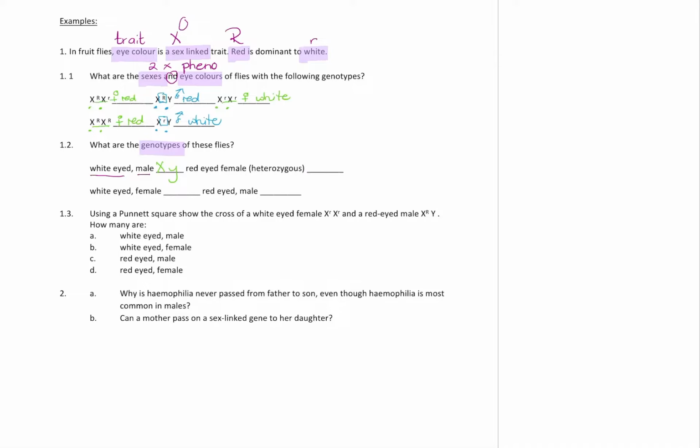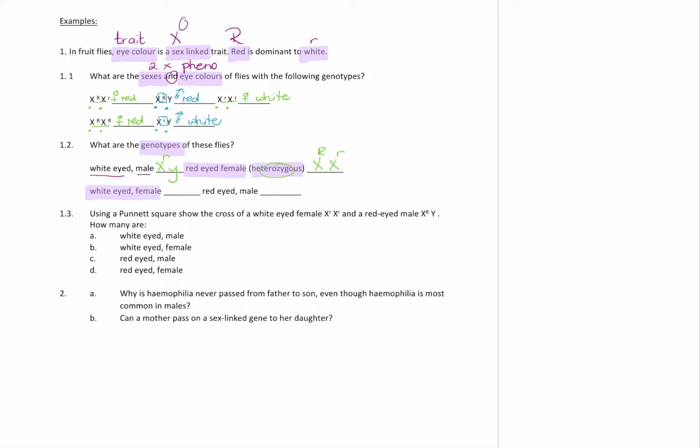Because this is a recessive condition, it'll be a small r. Right, next one is red-eyed female, heterozygous for the condition. So XX is the female. She's red-eyed, so there's got to be the dominant allele, but it's a heterozygous condition, so it'll be big R, small r.